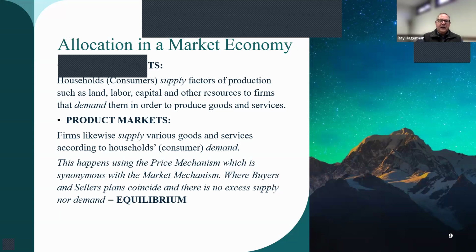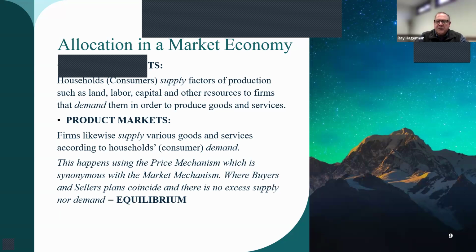On the other hand, in the exact opposite, a product market is where the firms likewise supply various goods and services according to what the consumers want, or their demand. And how do these things cross? How do we meet between the factor and the product markets? How do we meet between the consumers and the producers?